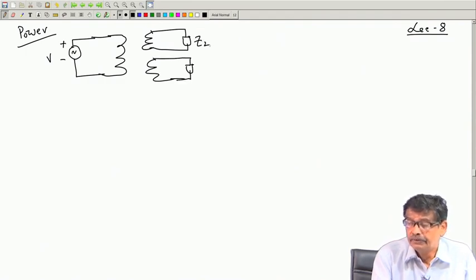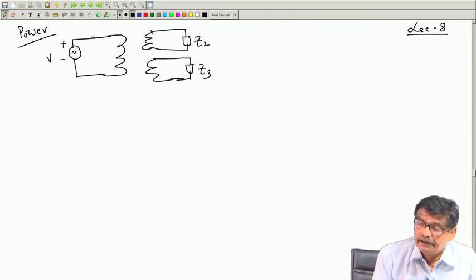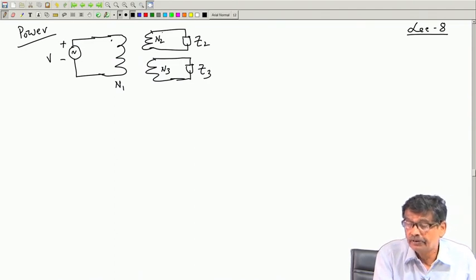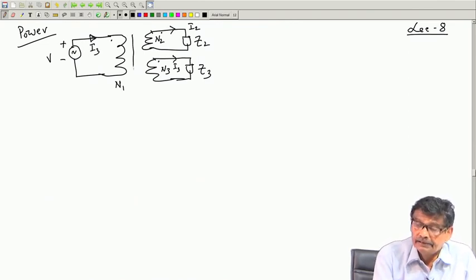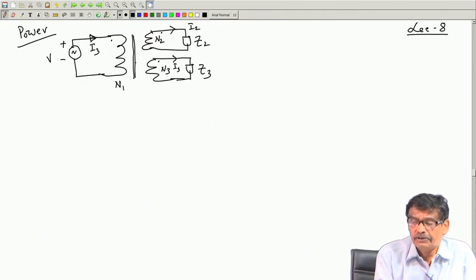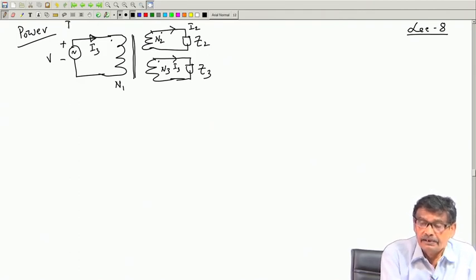Suppose this is Z 2, this is Z 3, and I know the number of turns N 1, N 2 and N 3, and suppose these are the dots of the terminals. Then my problem is to calculate these currents I 2, then I 3 and the current drawn from the supply. This is the problem, and this is the transformer core, which is an ideal transformer, mind you, ideal.